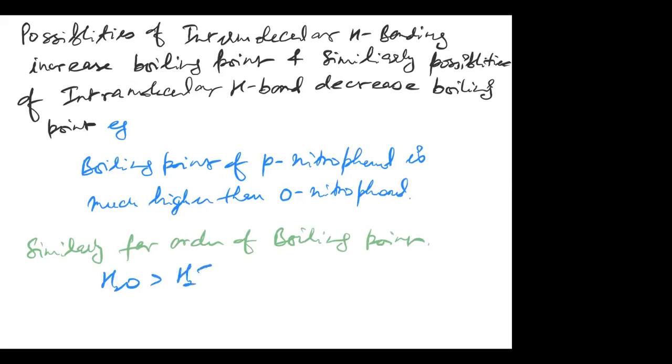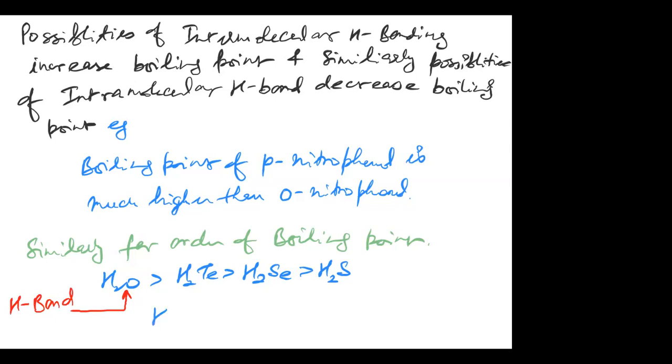Then you can say it is H2Te, then it may be H2Se, it may be, let's say, H2S. So among hydrides of 16th group elements, H2O has much more boiling point in comparison to others. It is due to only hydrogen bonding.